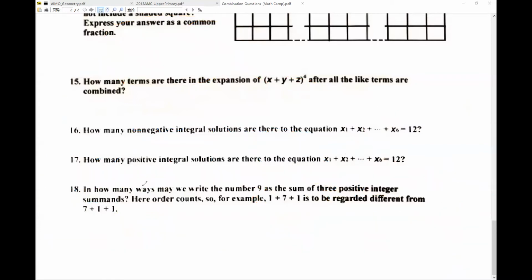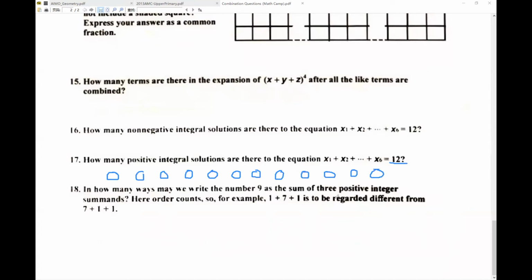Okay, method 2. See, we just use circles, small balls or circles, to represent the 12. So there are 12 circles. 1, 2, 3, 4, 5, 6, 7, 8, 9, 10, 11, 12.